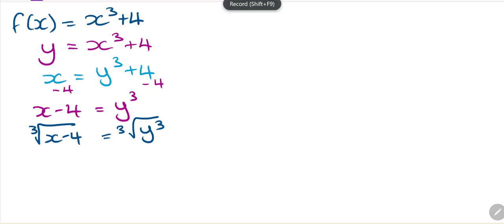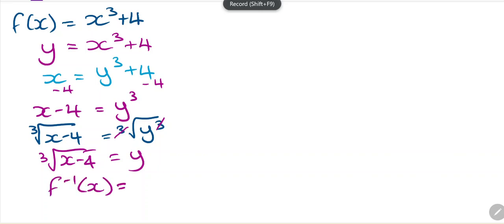So our cubes cancel, so we're left with y is equal to the cubed root of x minus 4. So we need to check this in Desmos. So we're going to just rewrite this as f to the minus 1 of x is equal to the cubed root of x minus 4.